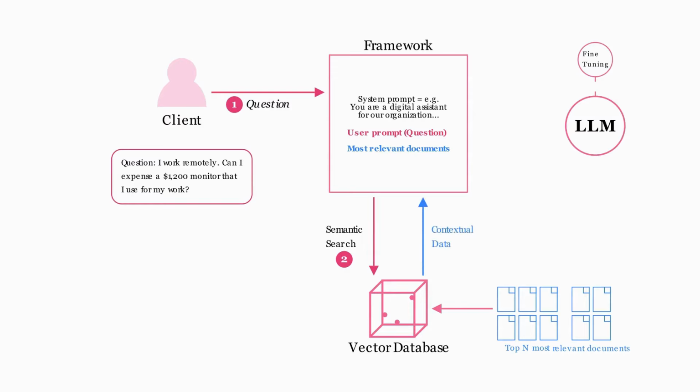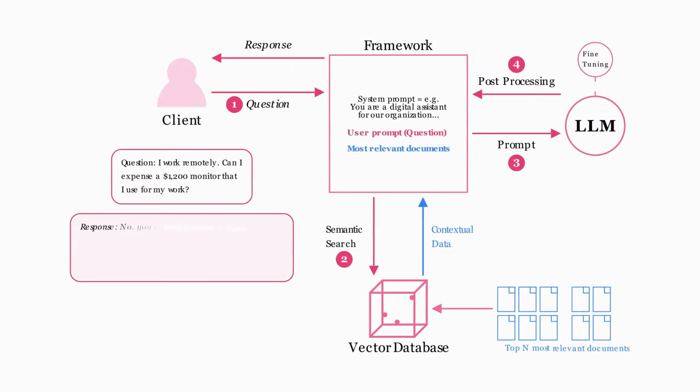Armed with those facts, the AI then generates a grounded response, correctly rejecting the request by citing the specific $800 limit found in the documents, ensuring the answer is both accurate and compliant. In this case, semantic search will provide matching records, but also the LLM will apply necessary reasoning to provide relevant and correct responses to the users.